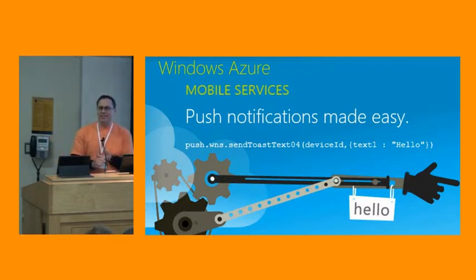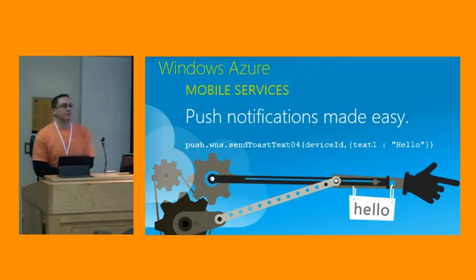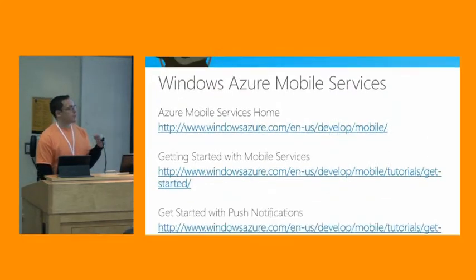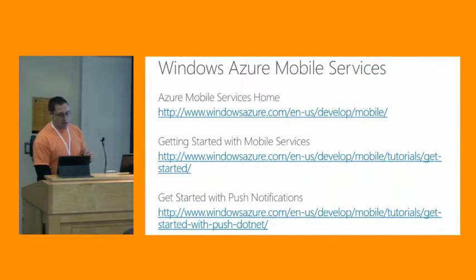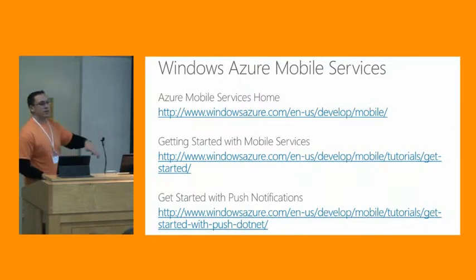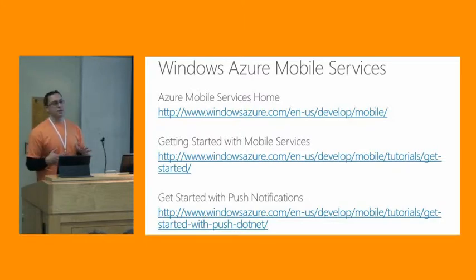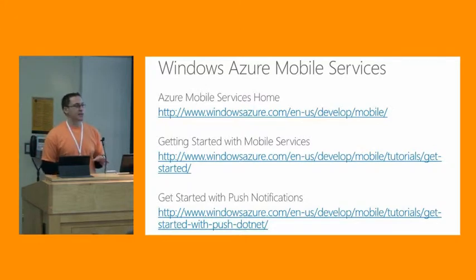You need to store data. Mobile developers are always looking for ways to store and access data, and also to do notifications. So we've done that with Mobile Services. And here are the links. There is, I believe, a 90-day trial you can try, and it's so dead simple. In about 10 minutes, you can have a push notification infrastructure cloud service going.